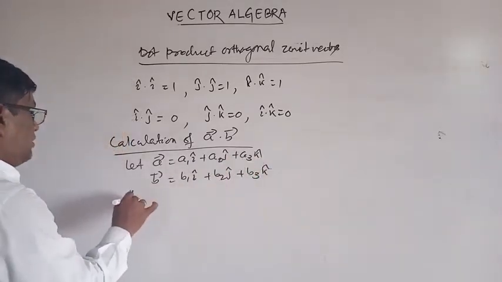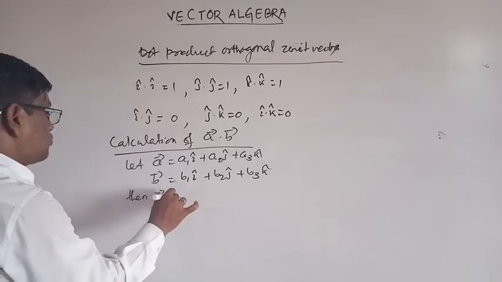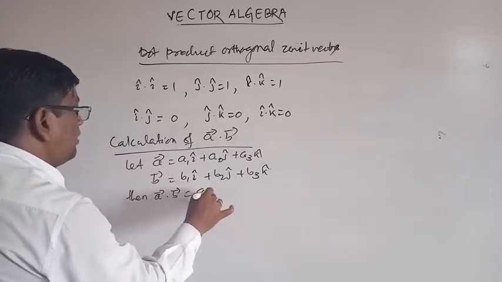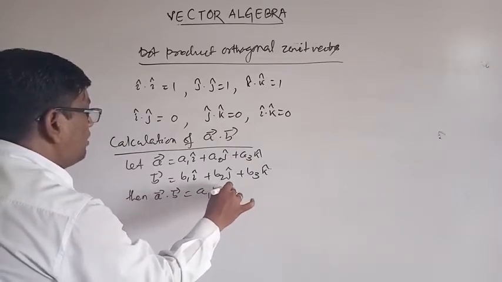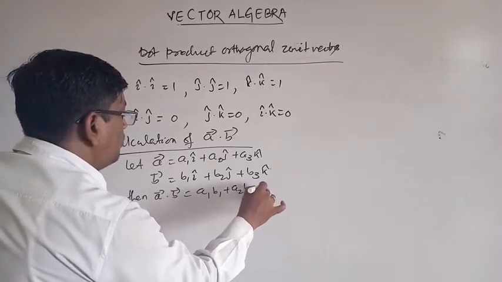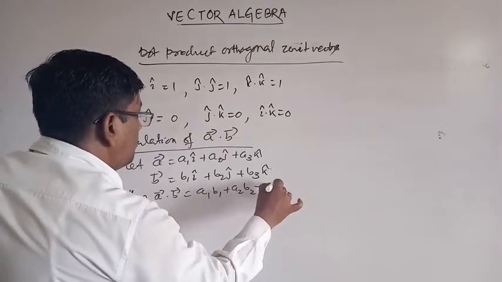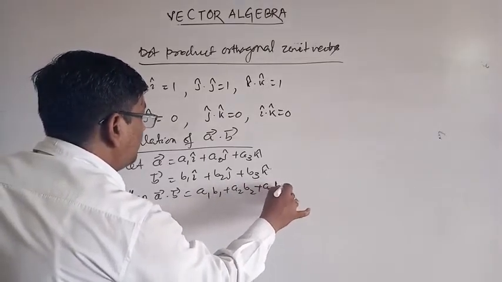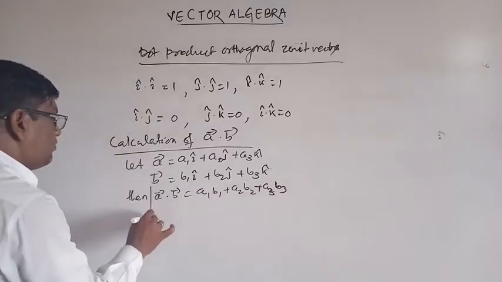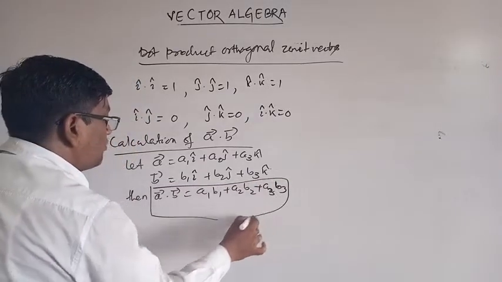Then A dot B is calculated by using the formula A1 B1 plus A2 B2 plus A3 B3. This is the formula to calculate the dot product.